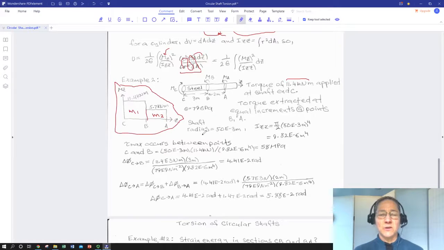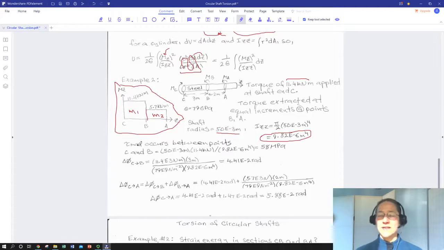So let's take a look. We're given a shaft radius of 50 times 10 to the minus third meters, and from that we can get our IZZ. And now we're going to use our expressions that we've pre-derived for shear stress.